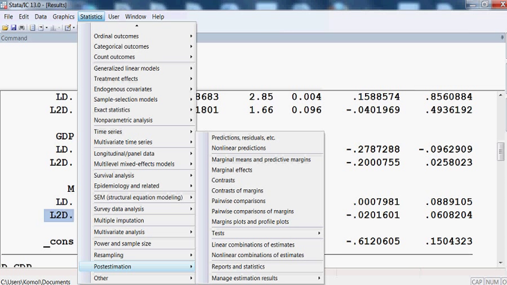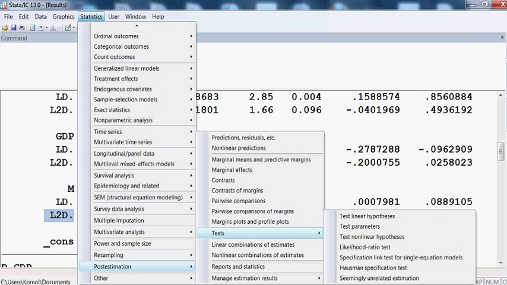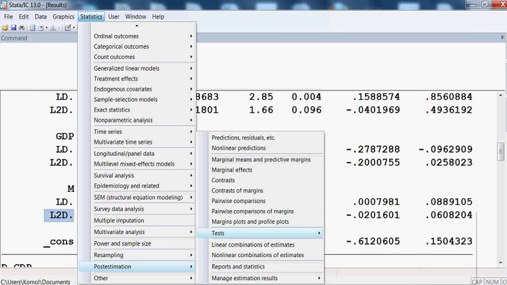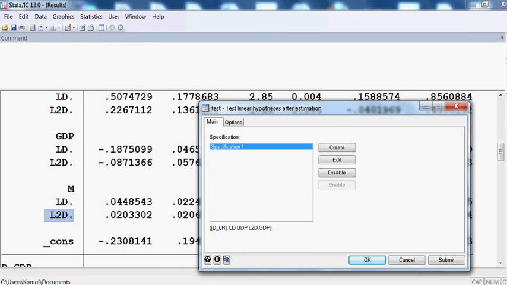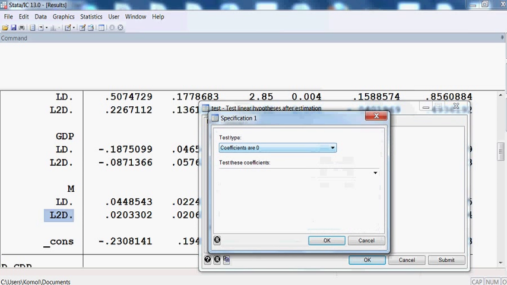So post estimation, I go to test linear hypothesis, then I choose the reset specification, create.